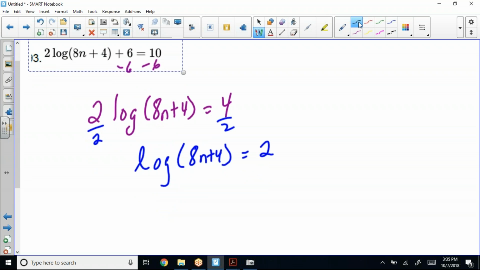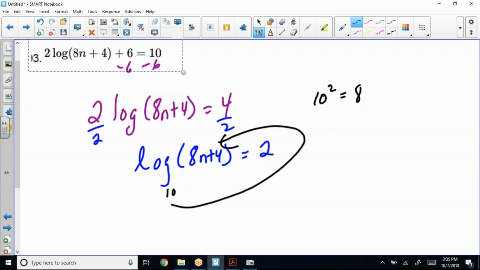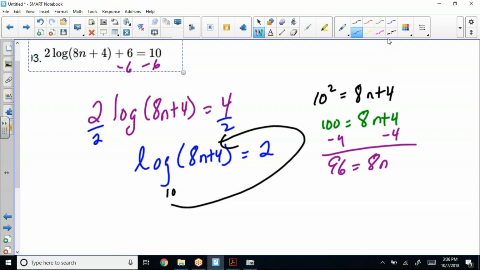Now, this is a log base 10 since it's a common log, so we can rewrite it in exponential form, which would give me 10 squared equals 8n plus 4. So that's 100 equals 8n plus 4. Minus 4, 96 equals 8n. Ladies and gentlemen, n should equal 12, right? My math is right. Yeah. So I got 12.